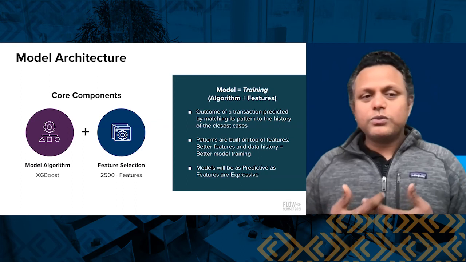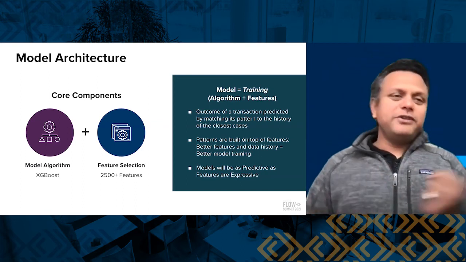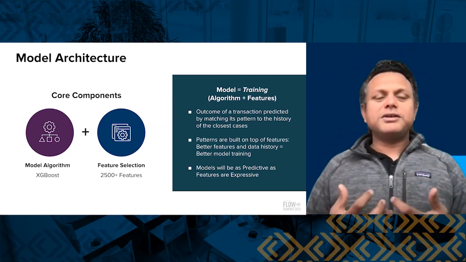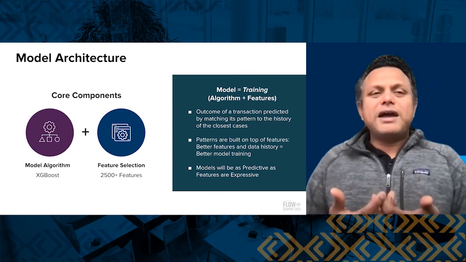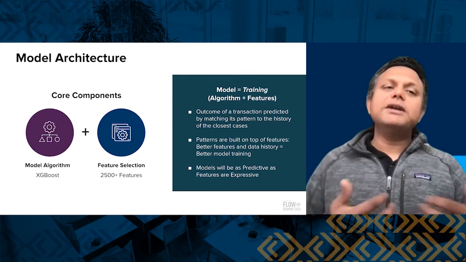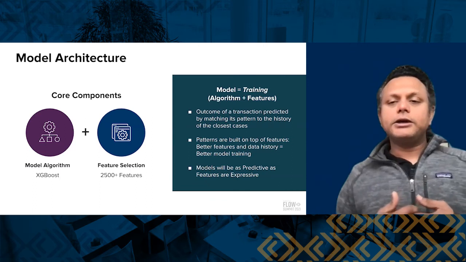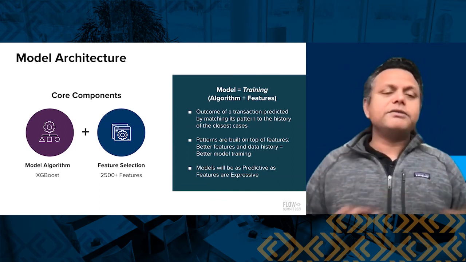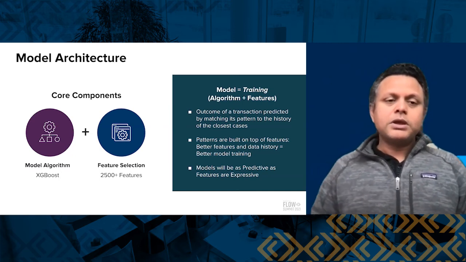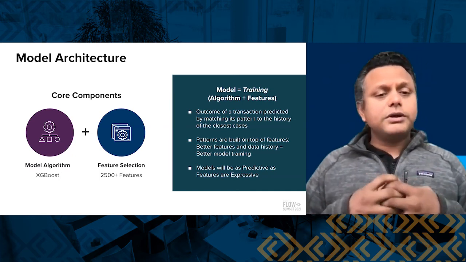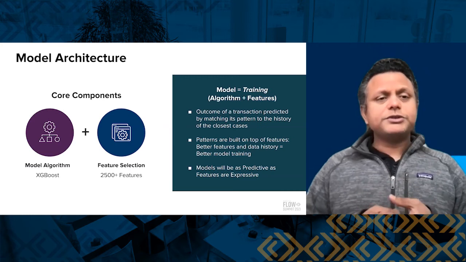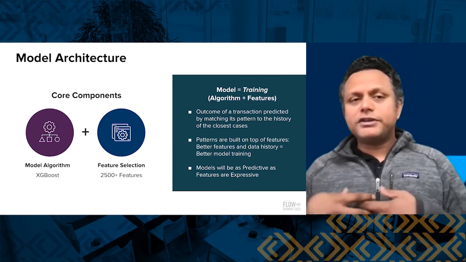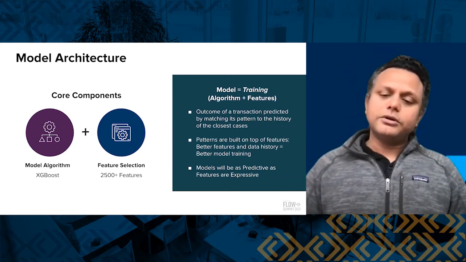Like I mentioned earlier, we try to make sure that the models take advantage of all the expressiveness that we've built into the features. All the patterns are built on top of the patterns that we've already established through the features. We use a model algorithm called XGBoost, and we also have several different ways of doing feature selection.